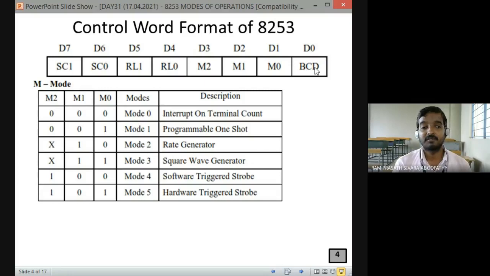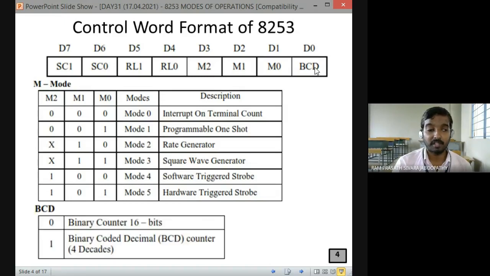What is the purpose of this particular bit? BCD. Can you answer? What is the purpose of this bit? Yes, we are going to configure the counter as either a binary counter or a BCD counter. If I put 1, it is going to work as a BCD counter.